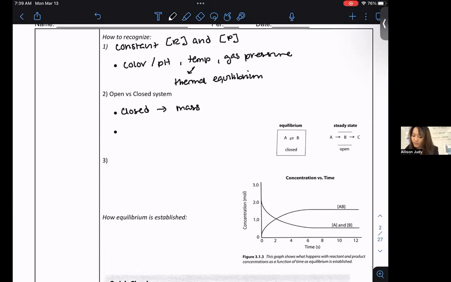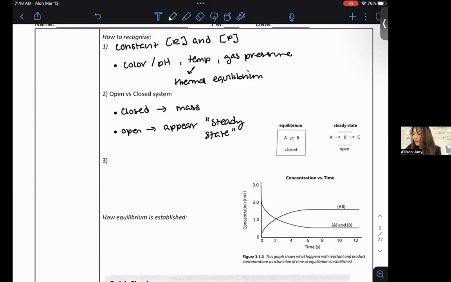And then if it's an open system, what we say is that your properties would have to be a little bit more loosely measured, and it's more of an approximation. So you would say that they appear to be in a steady state or constant condition.